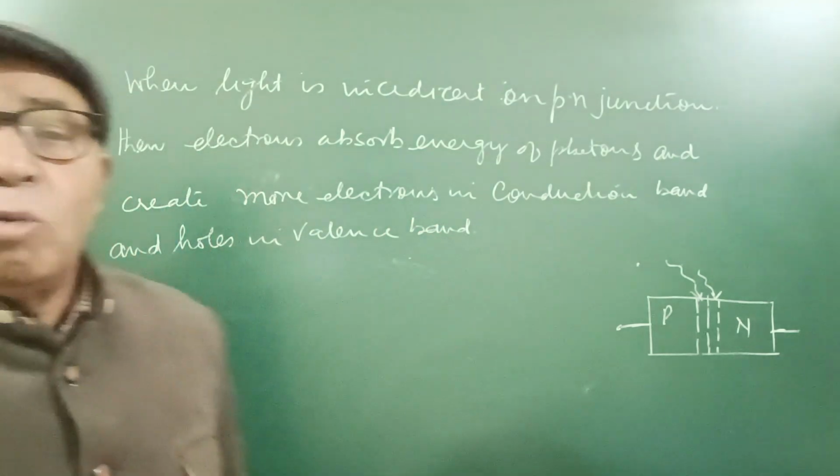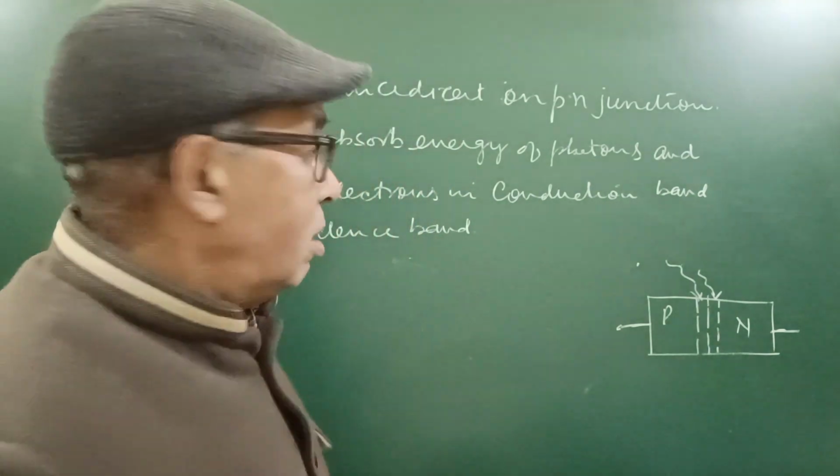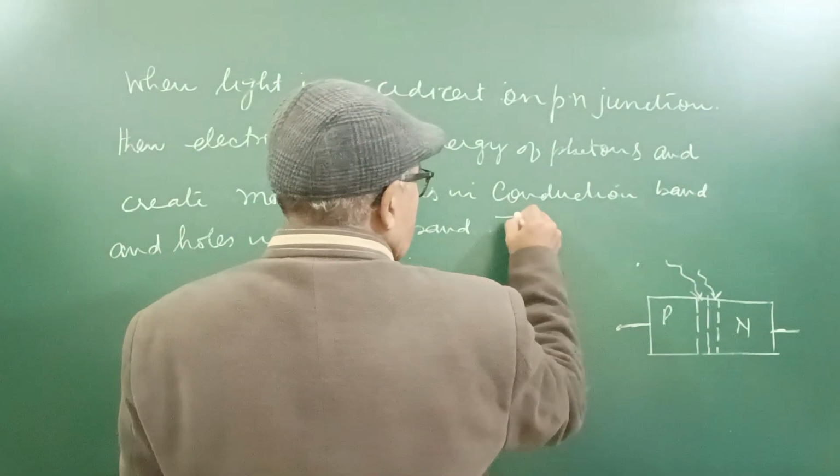These electron-hole pairs are created in the depletion layer.